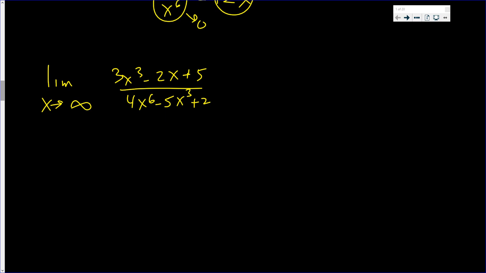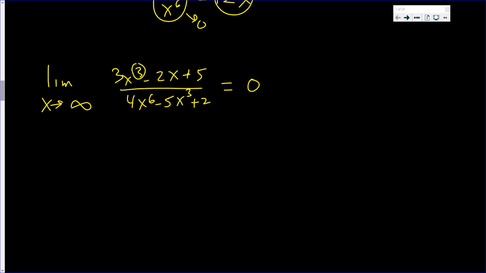The leading power on the top is 3. The leading power in the denominator is 6. The denominator has the larger power, so we get 0. Okay, but let's show our work.